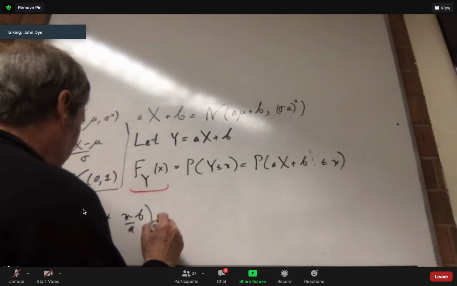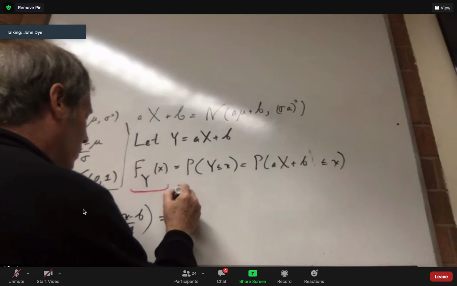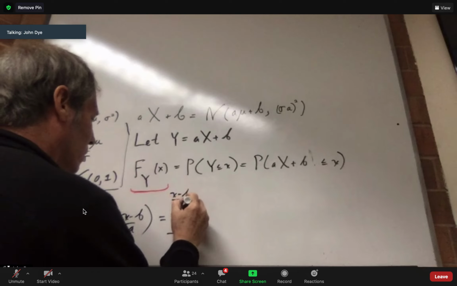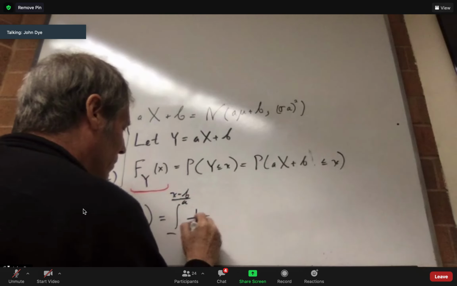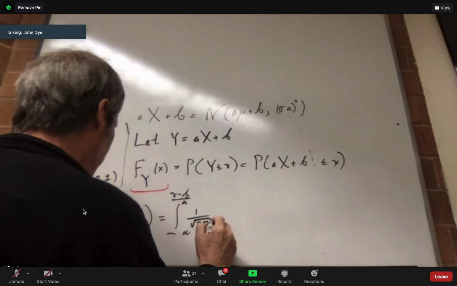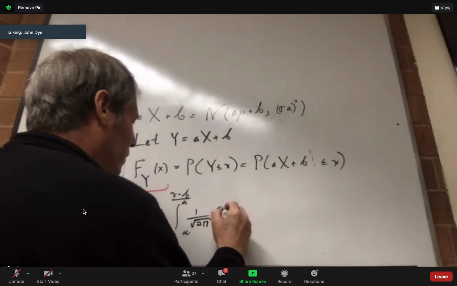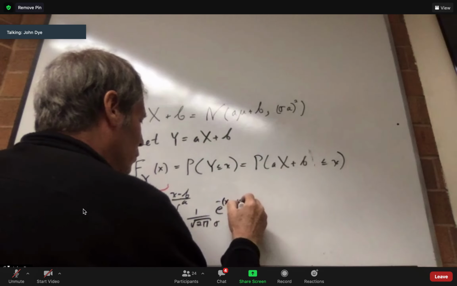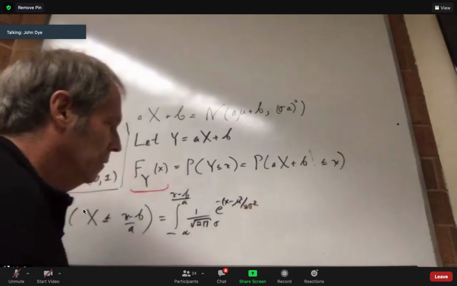So I'd like to know what this is. That's the integral from minus infinity to x minus b over a of 1 over square root 2 pi sigma, e to the minus x minus mu squared over 2 sigma squared.